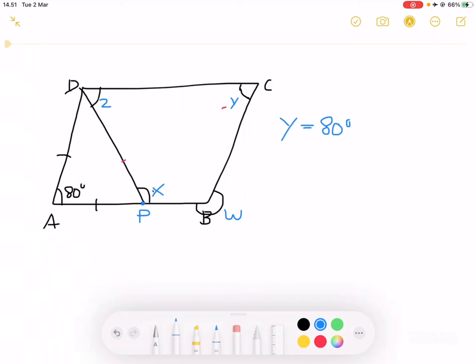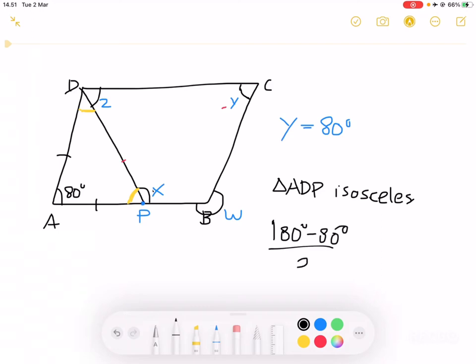And then we have X. Notice that the triangle ADP is an isosceles triangle. What that means is this angle marked in yellow must be equal to this angle marked in yellow, and each yellow angle must be equal to 180 degrees minus 80 degrees, divided by 2, which is 50 degrees.